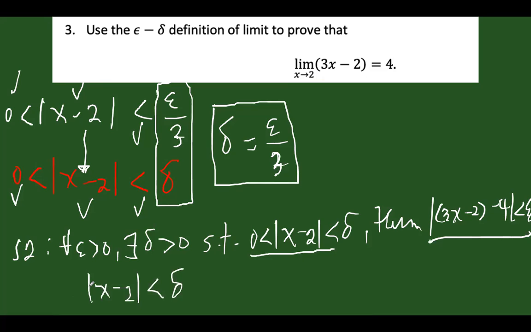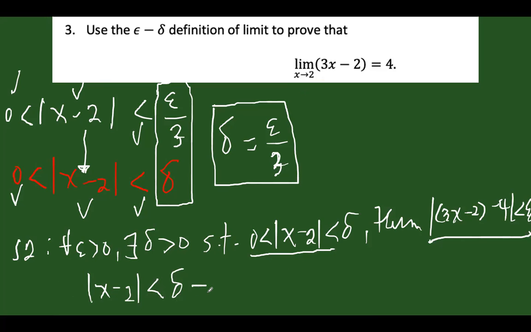And for sure, this is always greater than 0, as I explained earlier, because absolute value means positive, or the distance between two numbers. It's always positive or equal to 0, but it can never be equal to 0 because x is not equal to 2. Because it says here, it approaches 2, but not equal to 2. So therefore, what would I do with this statement to express it as this statement?